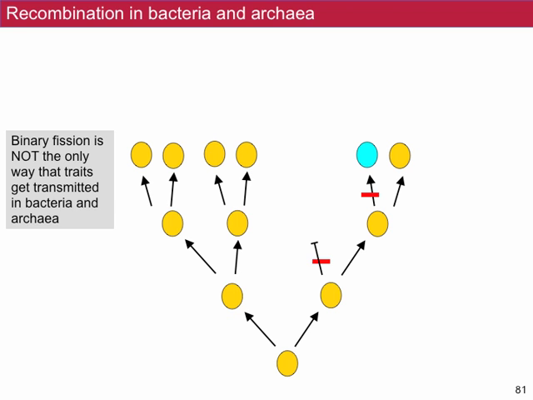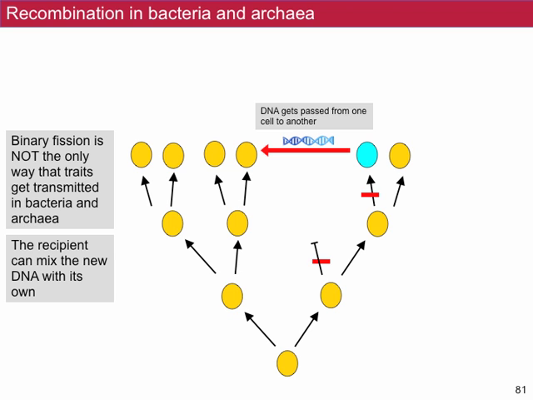And in bacteria and archaea, there's a general process called lateral gene transfer, where DNA moves from one lineage to another lineage. We'll see the mechanisms for this in a minute. We're just going to generally call that lateral gene transfer. The recipient then is a mixture. The recipient gets its DNA from its parent, as well as some DNA from another organism. It's a hybrid or a chimera. And then it transmits its traits to its offspring by binary fission.